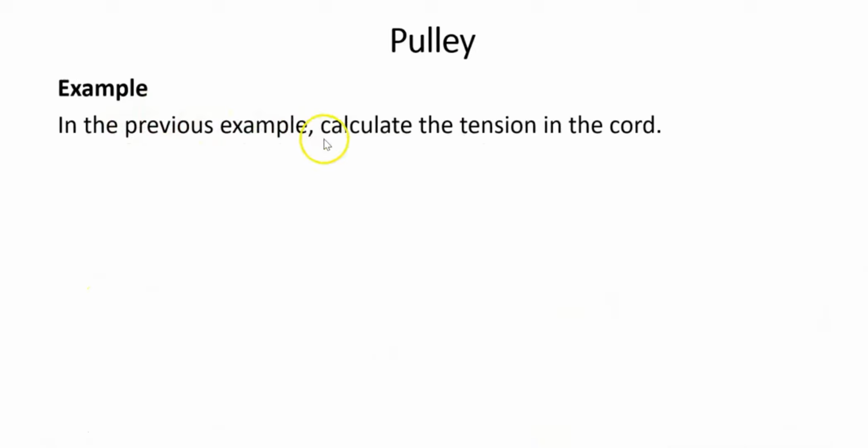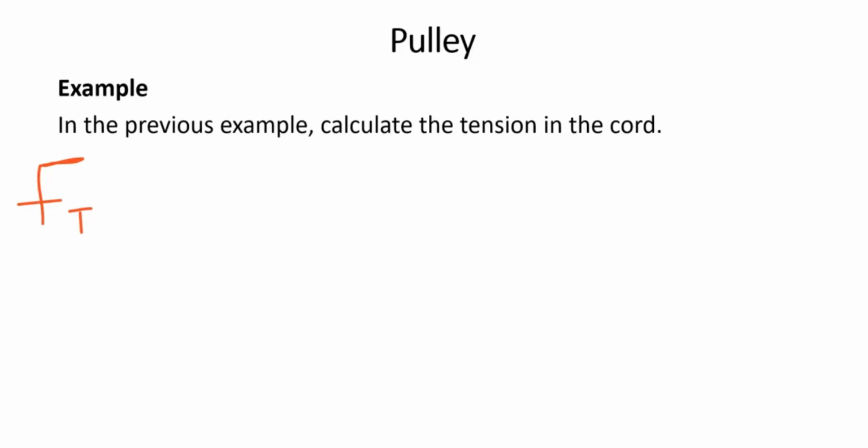Then, in the previous example, calculate the tension in the cord. So we know the tension from the previous example. We're calculating the tension in the cord. And the formula for tension is what?